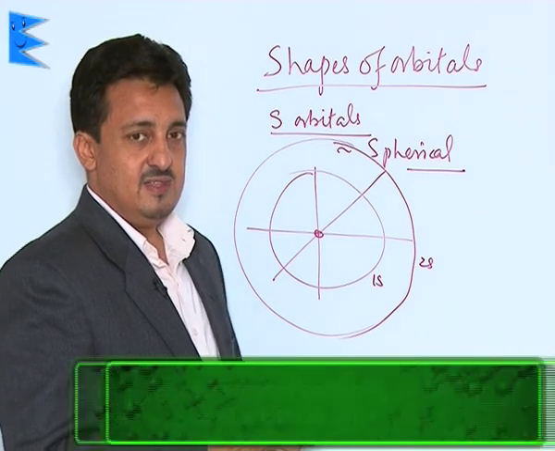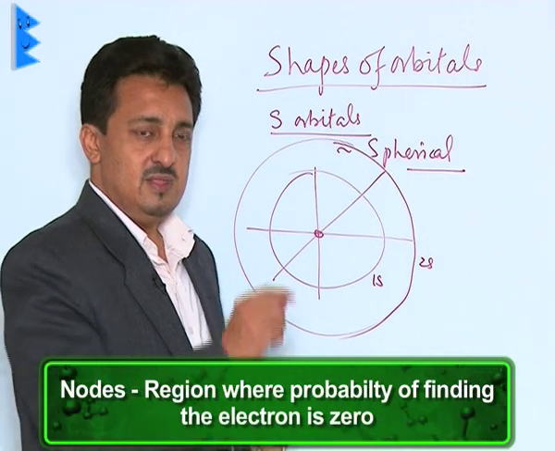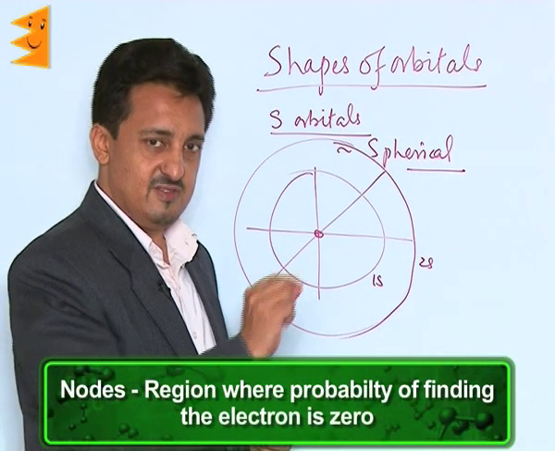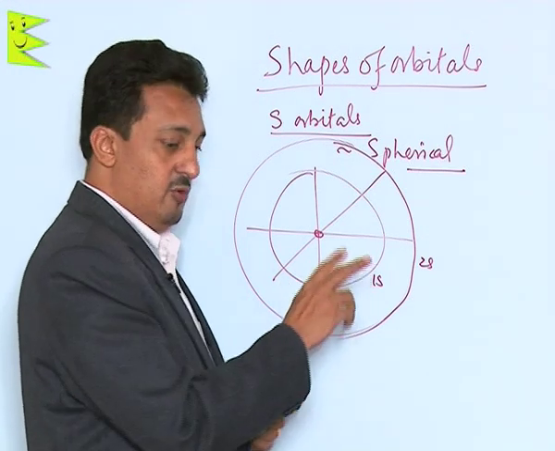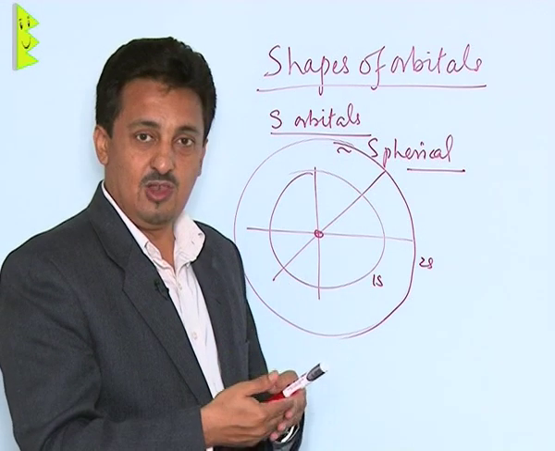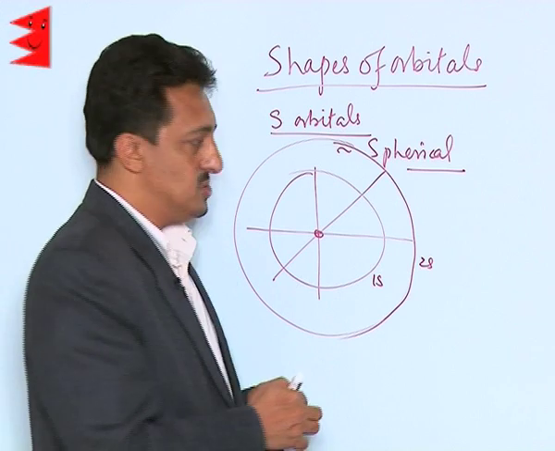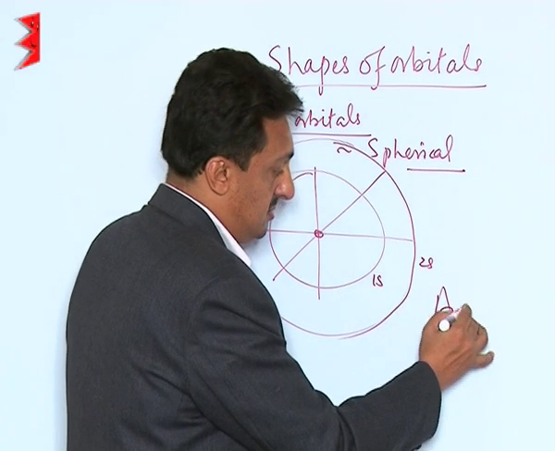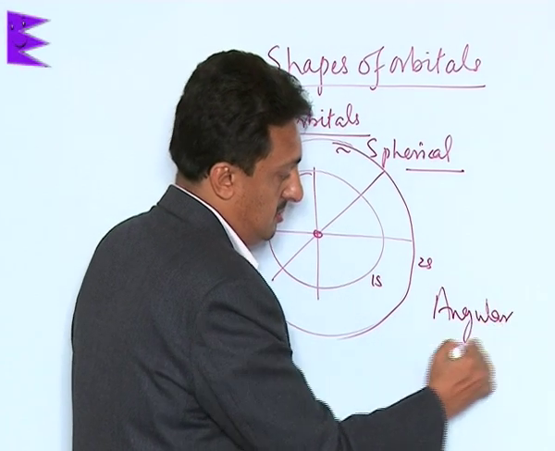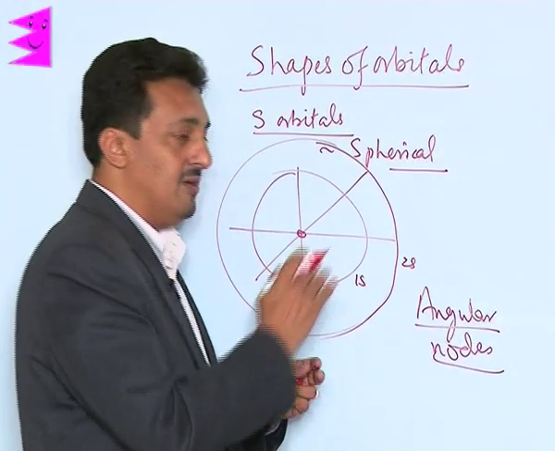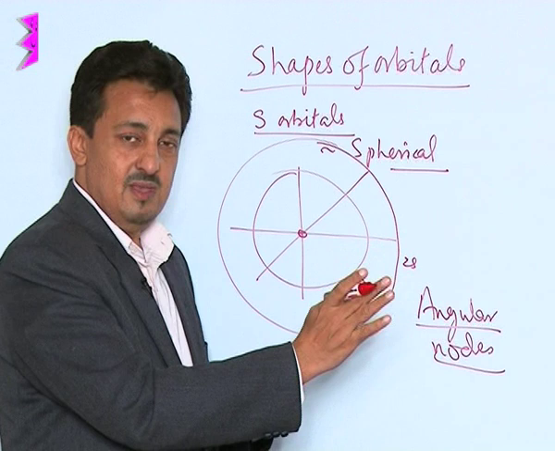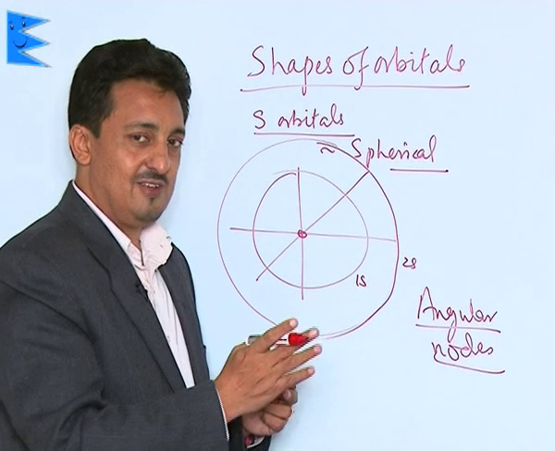Nodes are the regions where the probability of finding the electron is 0. So you will always remember, we have nodes basically of 2 types, angular nodes and spherical nodes. Angular nodes means the area along any particular angle at which the probability of finding the electron is 0.